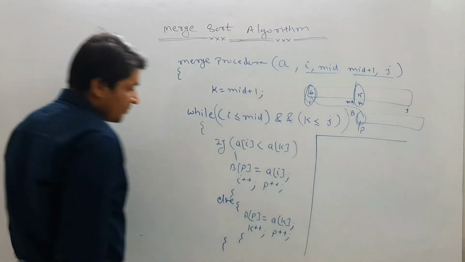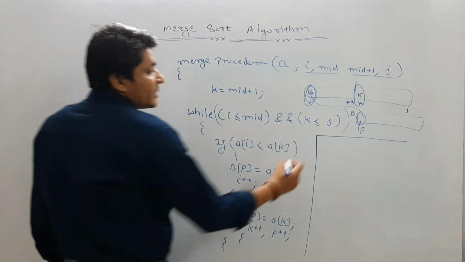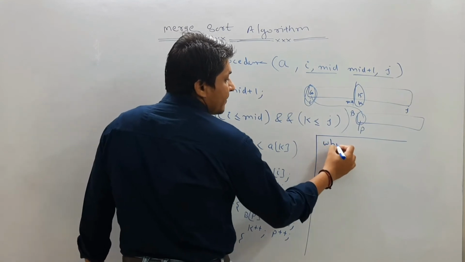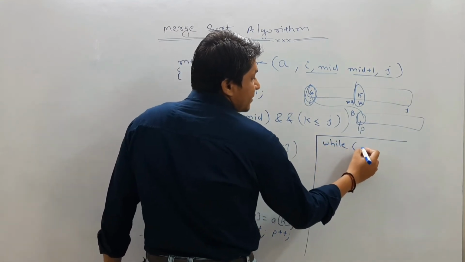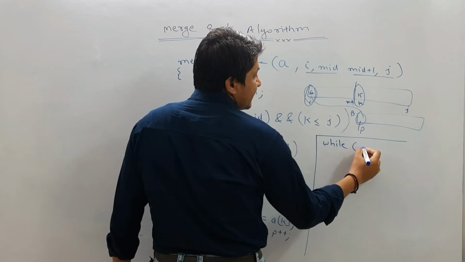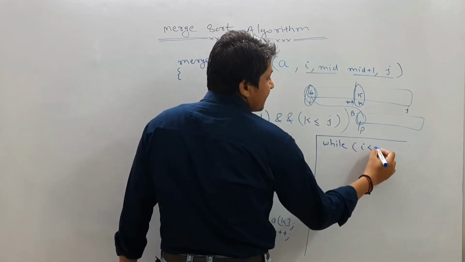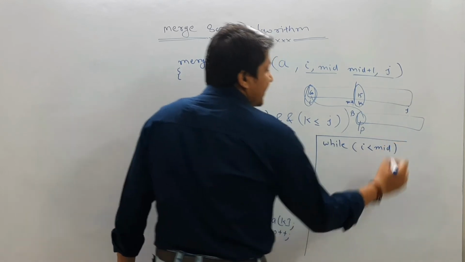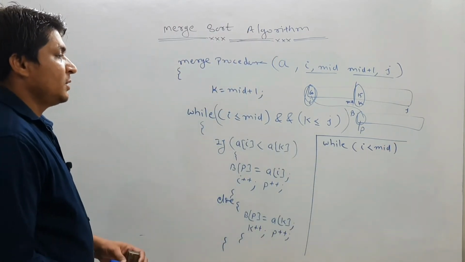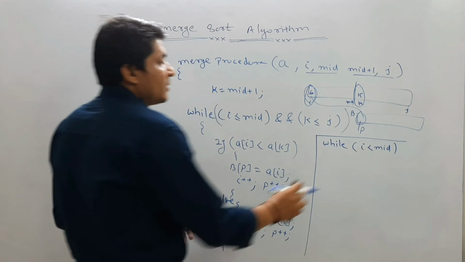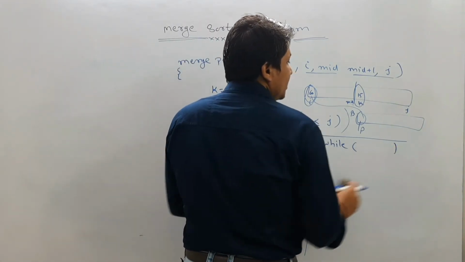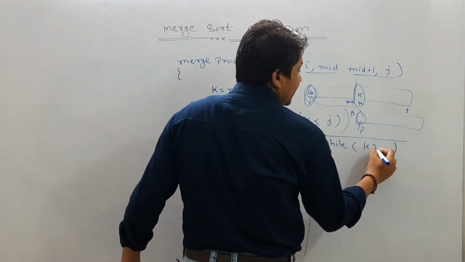Now let me write the remaining code. Let's suppose while I is less than or equal to mid, or k is greater than j.